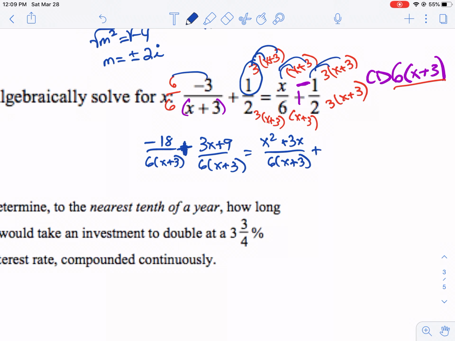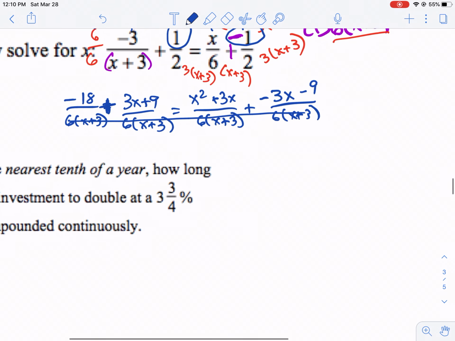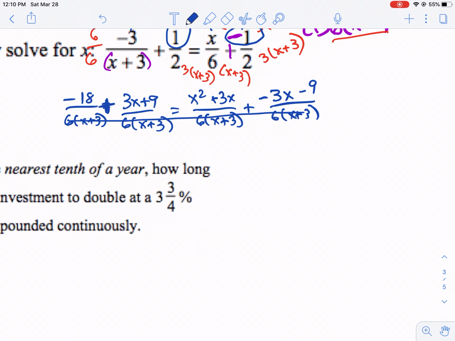And distribute the negative, well, the negative 1 times 3 is negative 3, so we're distributing a negative 3. Negative 3x minus 9. Ditch the denominators. And I'm going to combine like terms. So 3x minus 9 on the left, x squared minus 9 on the right.